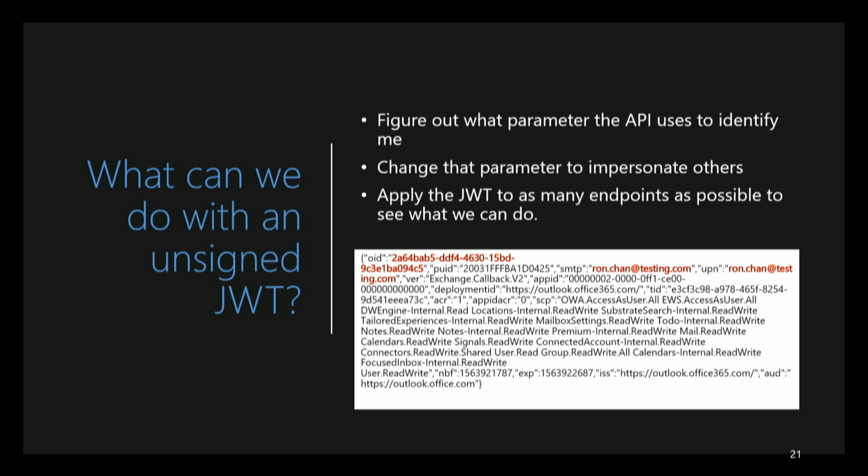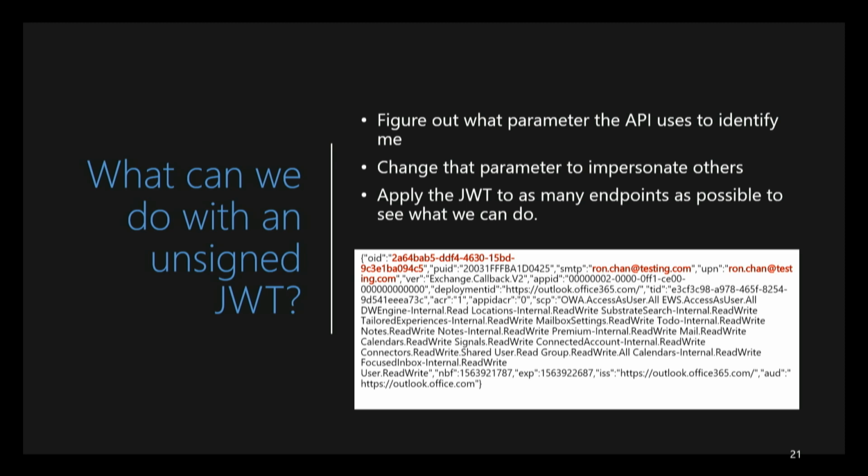And finally, after changing the parameter, I will apply this JWT token to as many endpoints as possible to see what I can do with it. I tried many things, and only one parameter works. It is the OID parameter.